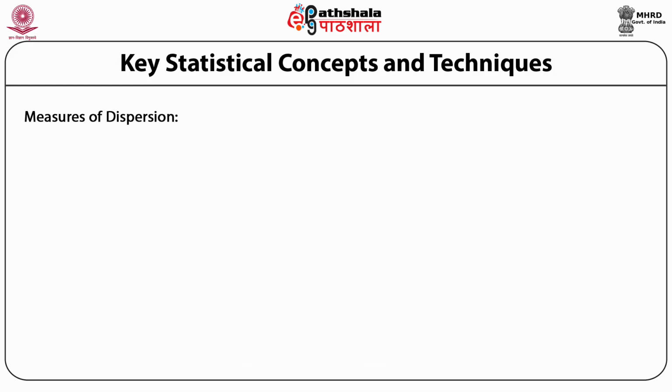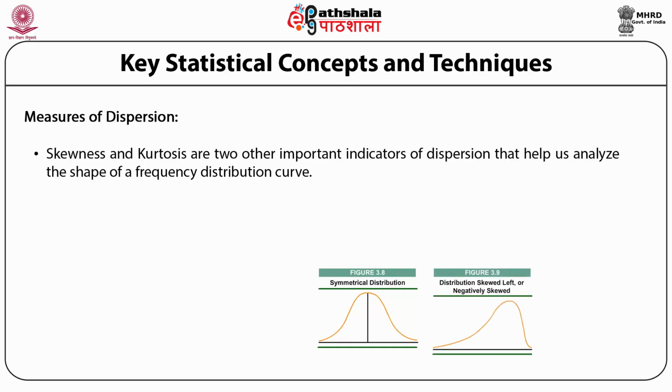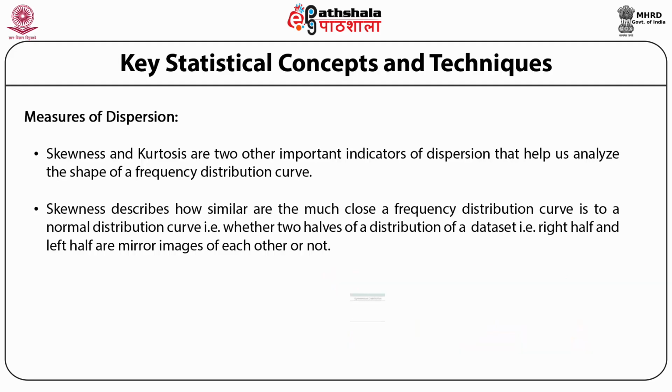There are two more indicators that help us examine variability more deeply, and these two concepts are skewness and kurtosis. Skewness describes how similar the frequency distribution of a dataset is to the normal distribution curve, which happens to be the most symmetrical distribution curve.